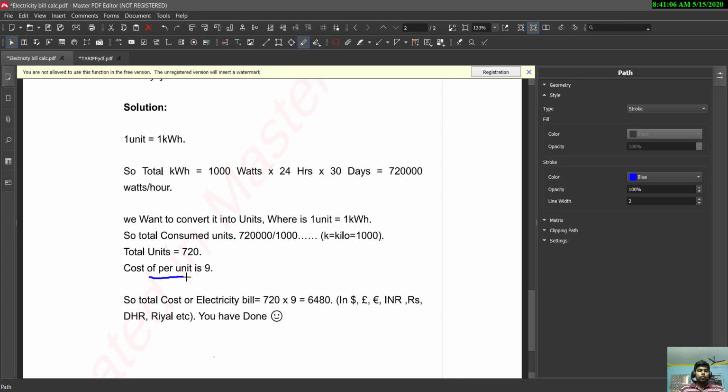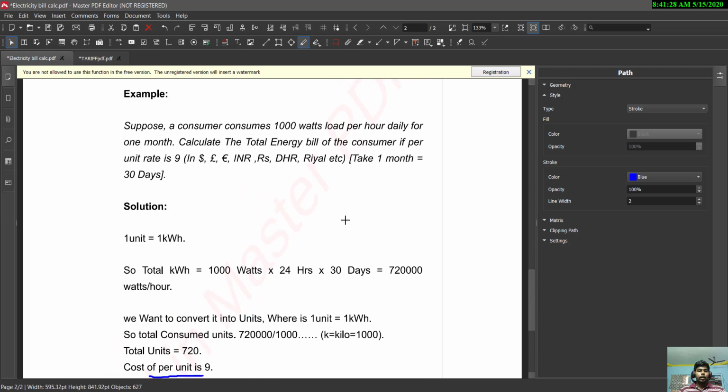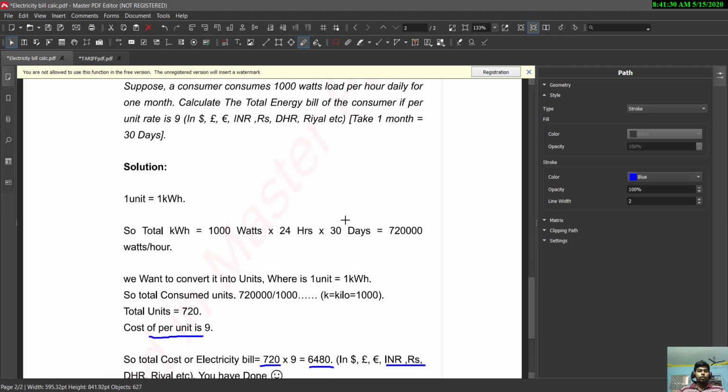The cost of 1 unit is 9 rupees. Similarly, for 720 units, it is 6,480 rupees.